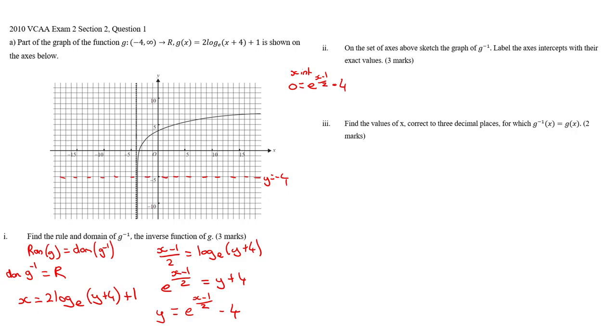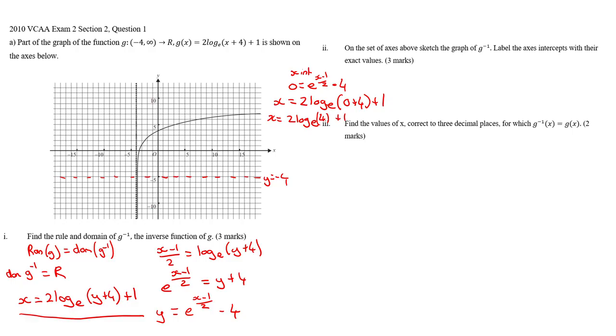Now I could substitute it in like that and then get it by itself, but right here at the very bottom, I've got it already in that form. So if I make y 0 there, I can simplify it straight away as x is equal to 2 log base e (0 plus 4) plus 1, which is 2 log base e 4, plus 1.